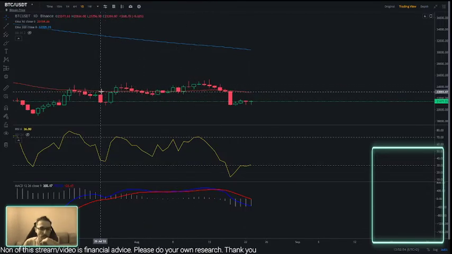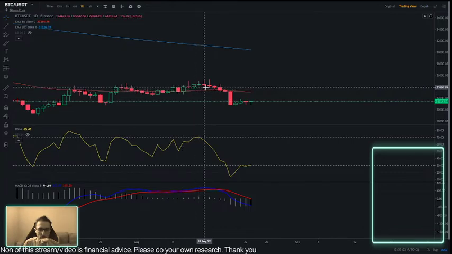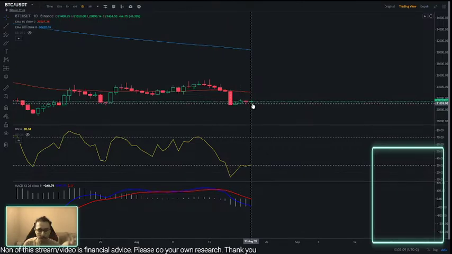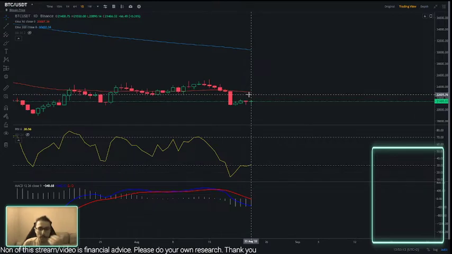See? Here, resistance, then we flipped it, support, resistance, support, hard support right there. Now still support, as we can see, we're testing it, and then we broke down here. So now, what we can see is we are below this, so it might work as a target price where we can go, but will work definitely as a resistance level.